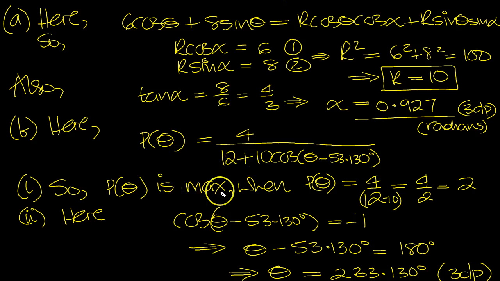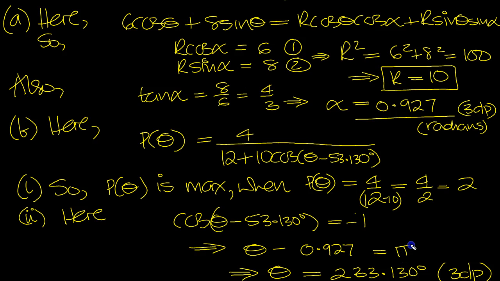Okay, P theta is max when that's true, and this would be 0.927 here, so I'm just going to put that in. 0.927, and this would be pi, wouldn't it?